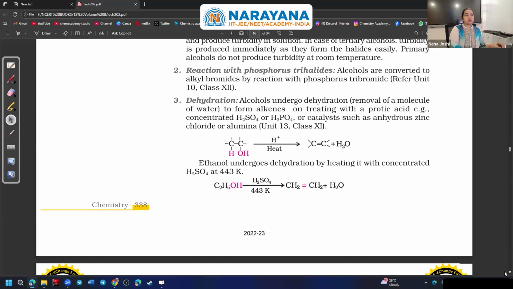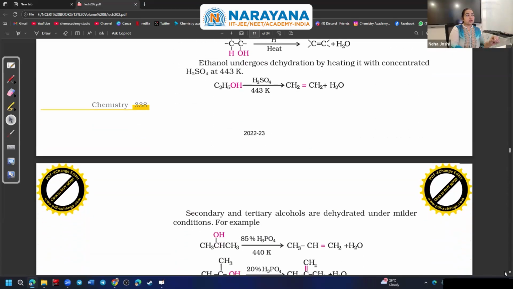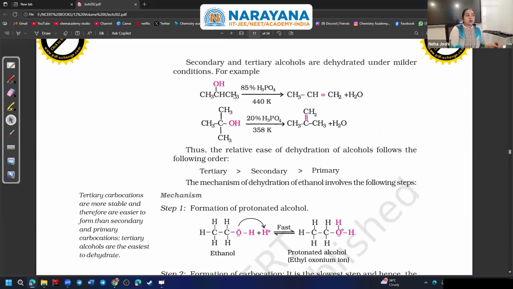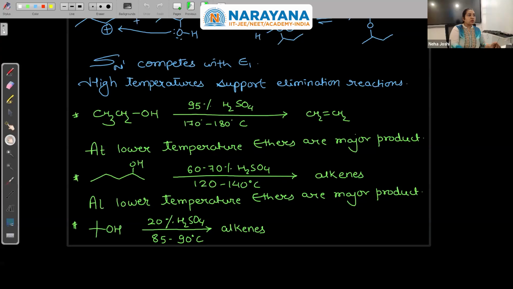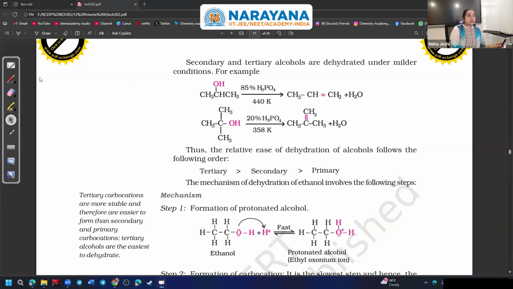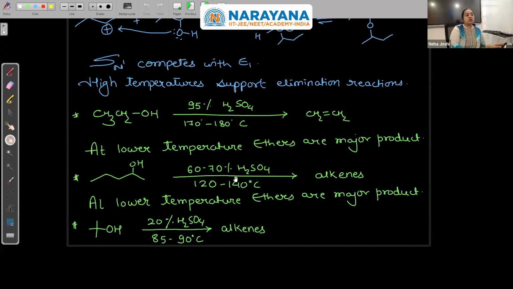This is what I was referring to. Moving to secondary alcohol, 85% H3PO4, and the temperature is brought down. So that is what we also did, right? We have also brought down the temperature, 120 to 140 and roughly 60 to 70, whereas they are clearly mentioning that we should have 85% H3PO4, and H2SO4 could be 60 to 70%.